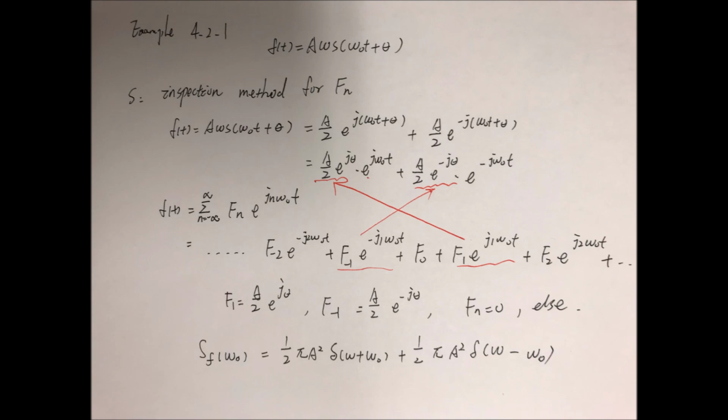And this term is this term. The red one is the red, the green one is the green. How about all the others? They are zero. They are not here. So from inspection, we obtain F1.